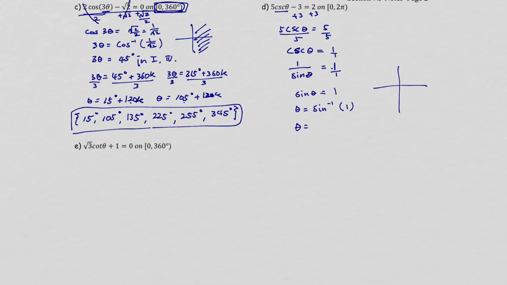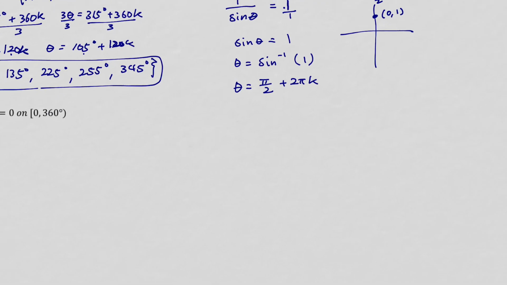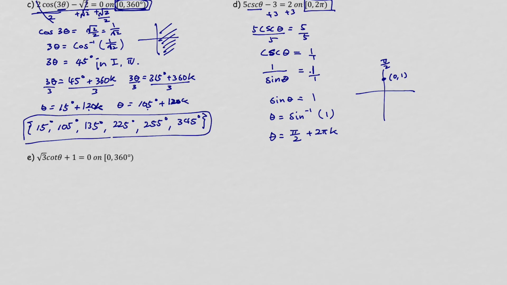Well, the only angle that gives you sine, which is the y value, 1, is this point right here. That point gives you x value 0, y value 1, which is going to be pi over 2. So pi over 2 plus 2 pi k. But again, they wanted to find the solution within 1 unit circle, so that will be just pi over 2.